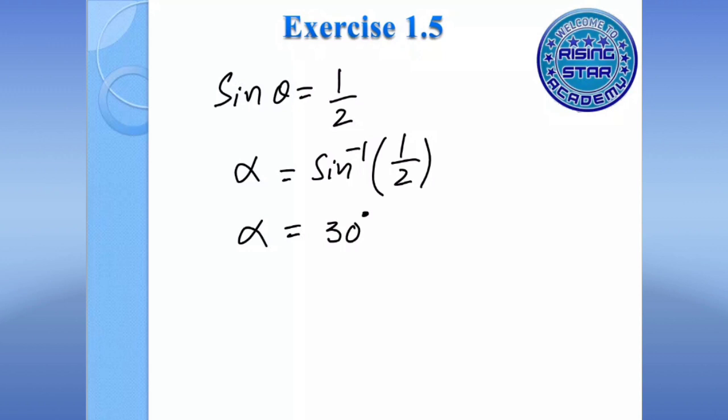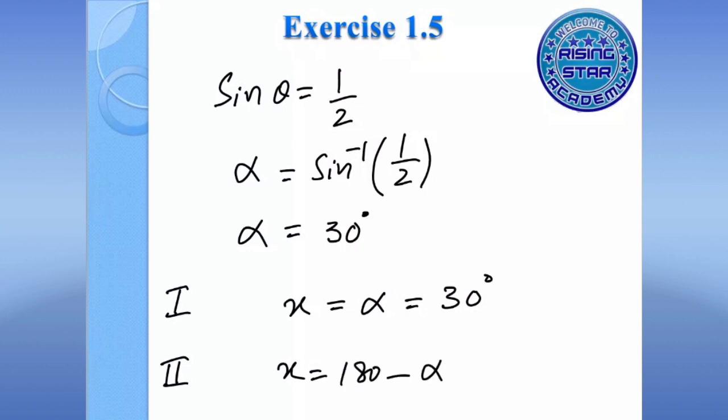Now we know that sine is positive in quadrant 1 and quadrant 2. So x is equal to alpha, which is 30 degrees. For the second quadrant, it would be 180 minus alpha. So 180 minus 30 would become 150 degrees.